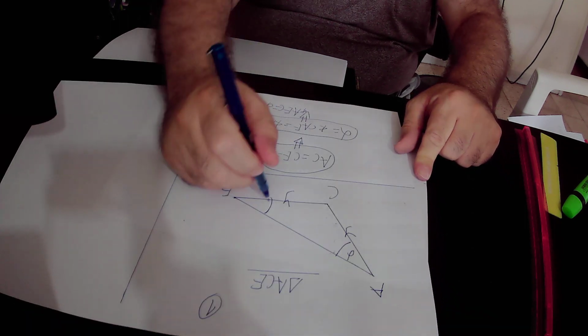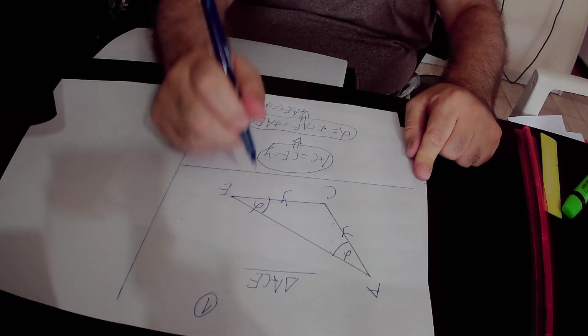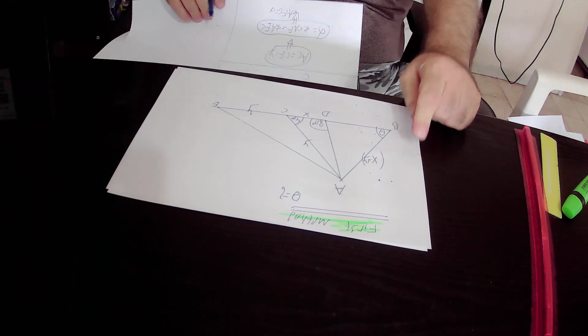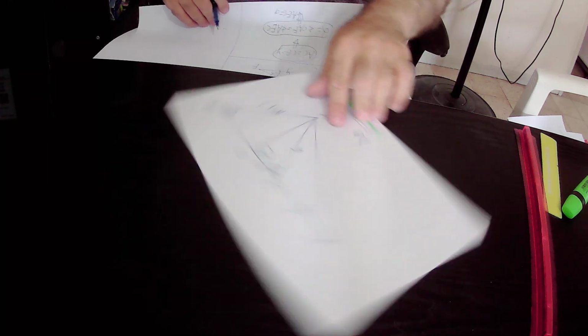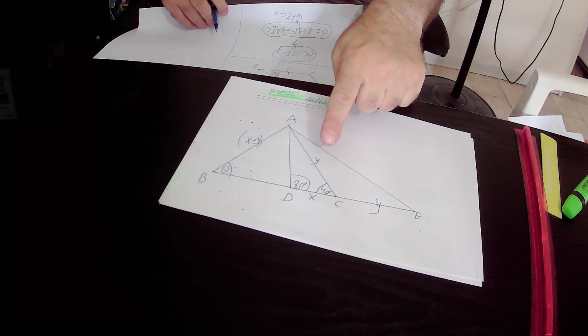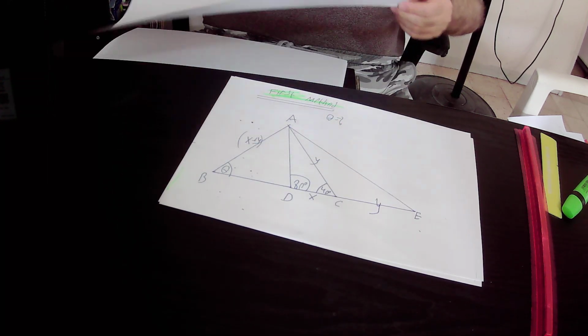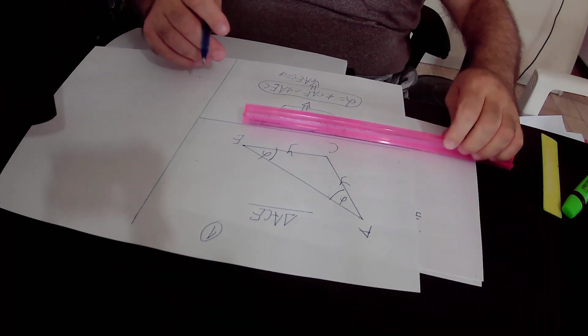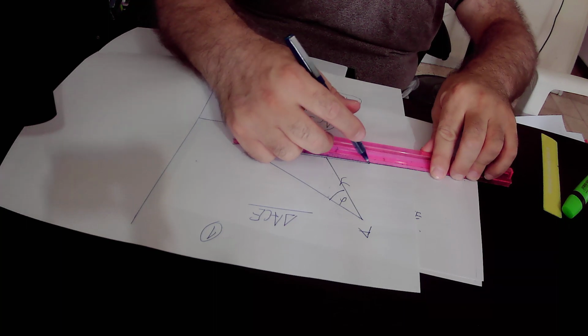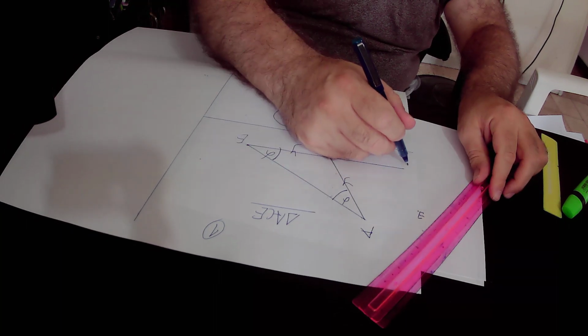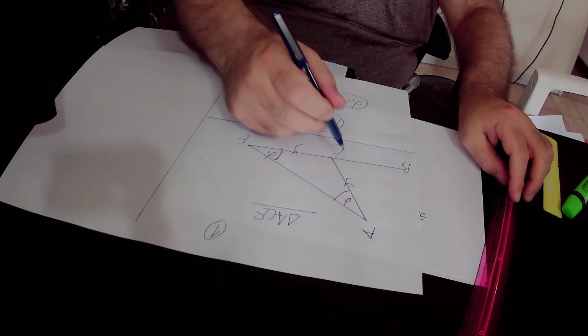In the next step we will copy angle ACB in this triangle from the original drawing.